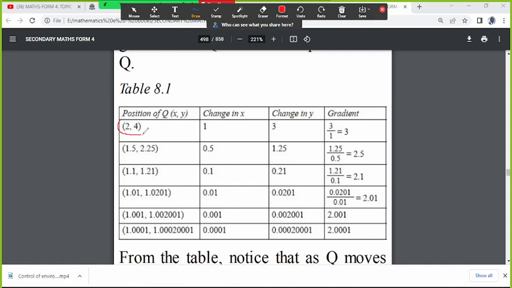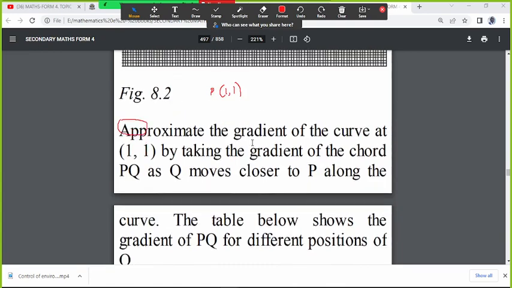When Q is at 2, 4, the change in x, remember our point P is 1, 1. Now let's see where this idea is coming from.